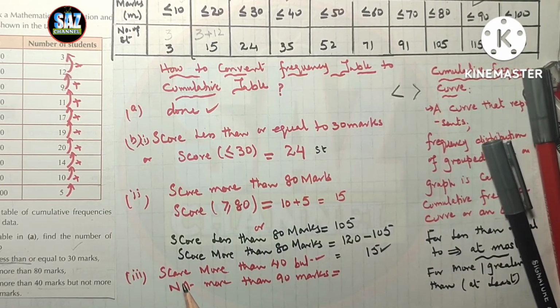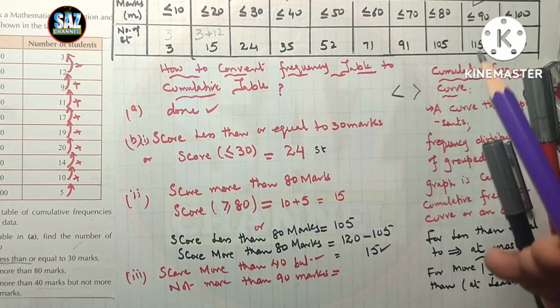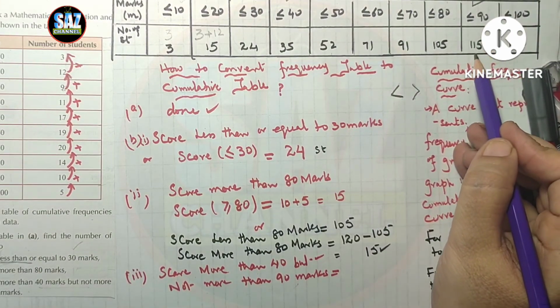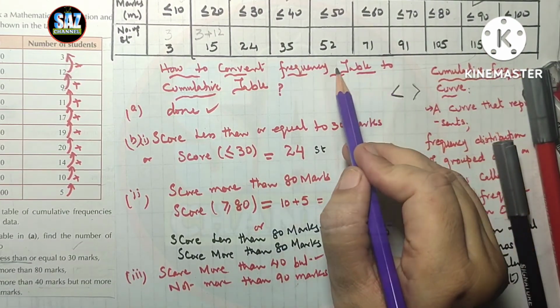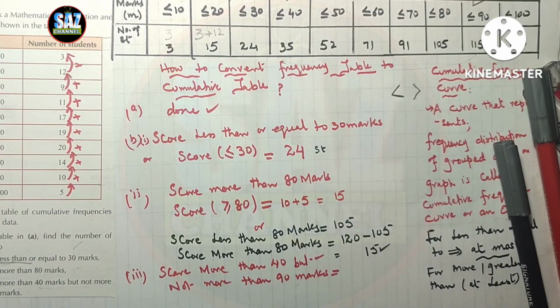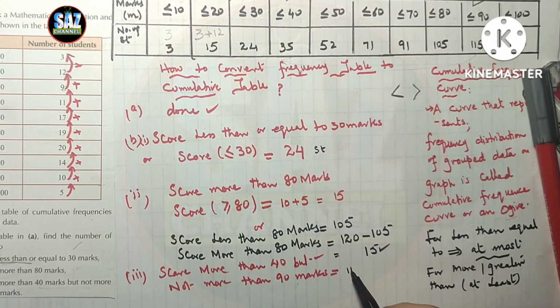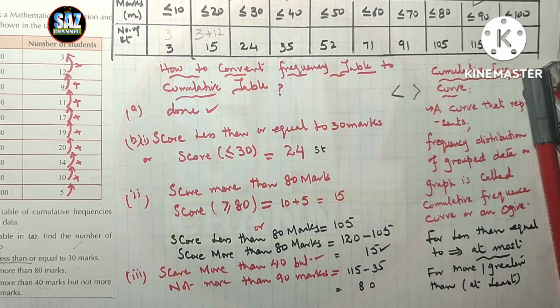Here we have to find the number of students who are scoring more than 40 but not more than 90. It means we have to find the number of students who are scoring between 90 and 40 marks. So for that purpose, the number of students who are scoring 90 marks is 115 minus 35, and this will give me 5 minus 5 is 0 and 80 students.